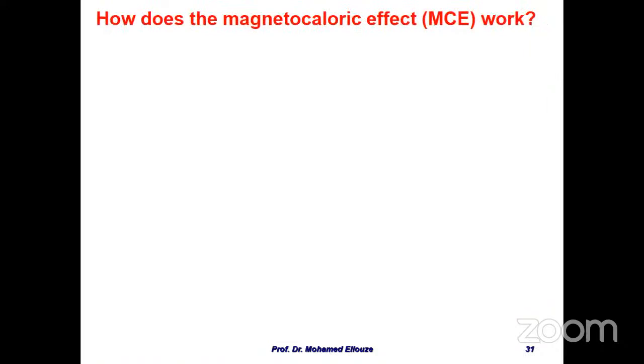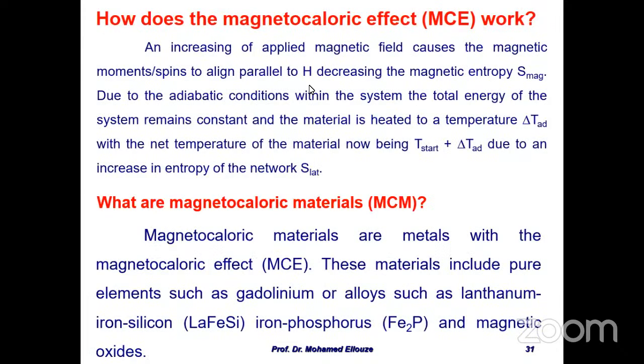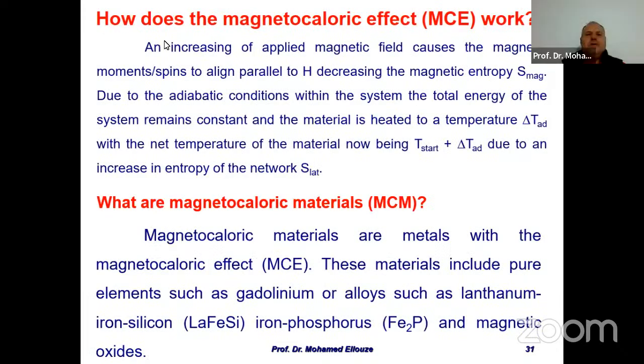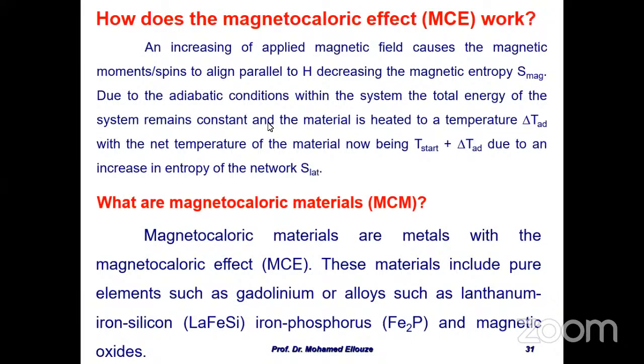How does the magnetocaloric effect work? With the increase in applied magnetic field, the magnetic moments align parallel to the magnetic field, which decreases the magnetic entropy. Due to the adiabatic condition within the system, the total energy of the system remains constant and the material is heated.